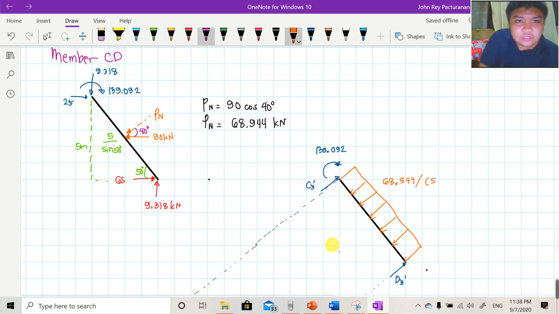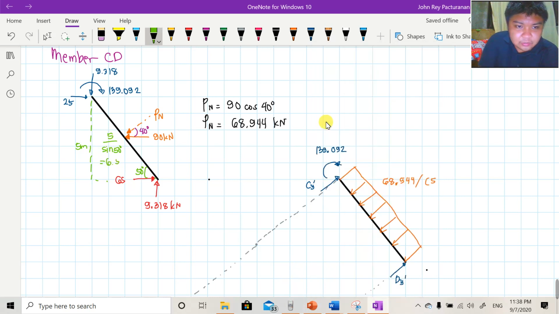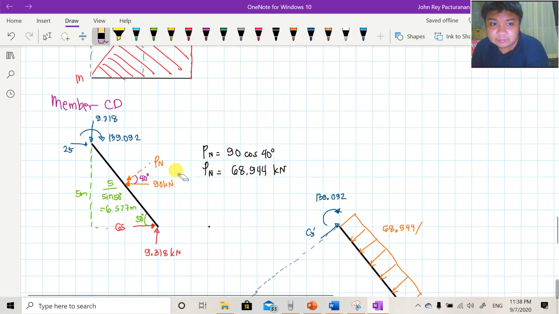By the way, kumpitin ko na pala to class yung 5 over sine 50. Para dire-diretso na, i-divide mo siya class ng overall length. So, 6.527 to, no? Para mahanap mo yung magnitude nitong W, i-divide mo nga siya ng buong length ng beam, which is 6.527.